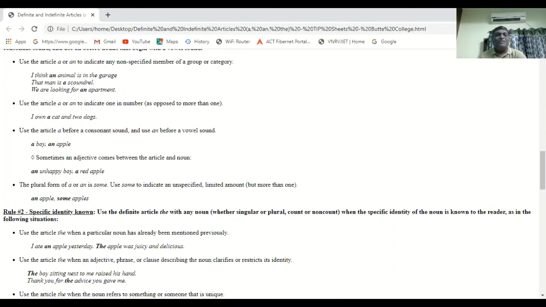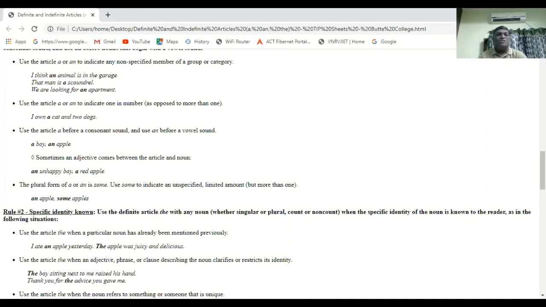Then use the article a or an to indicate one in number. Whenever you say one, you will use a. For example, I own a cat and 2 dogs. I own a cat means one cat. So to mean one, you can use a.